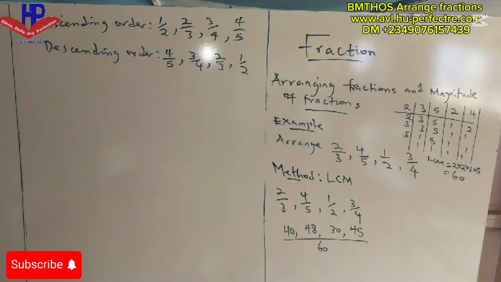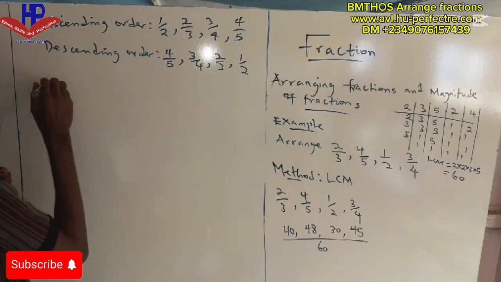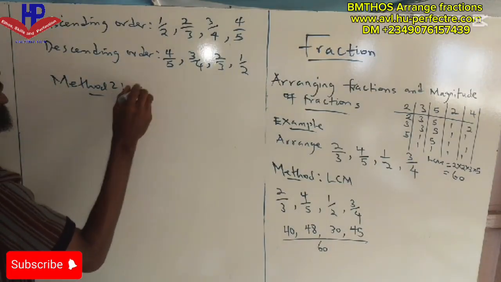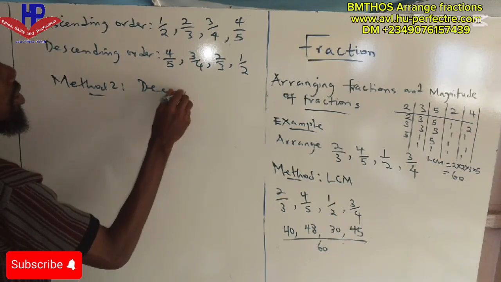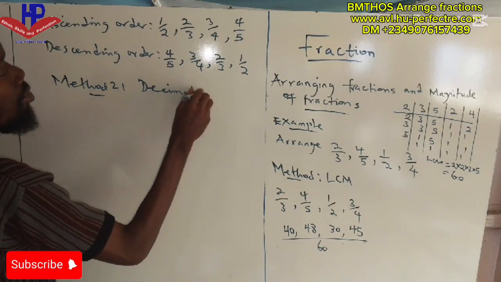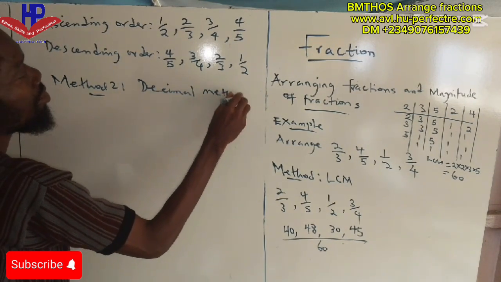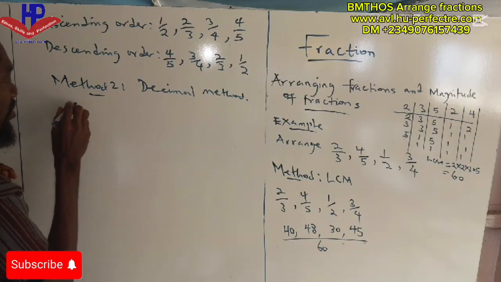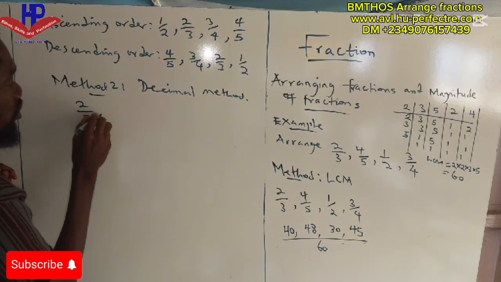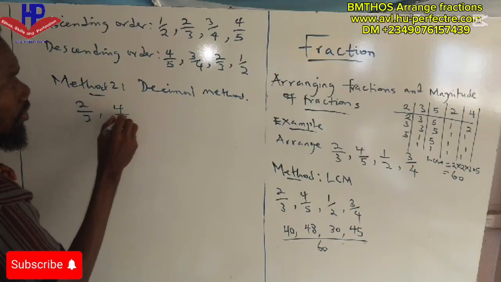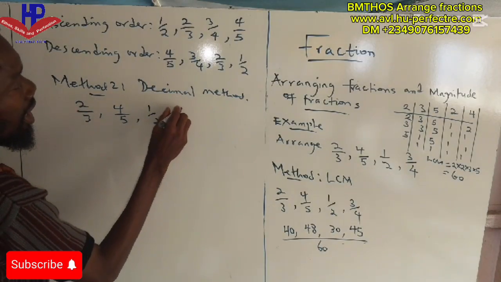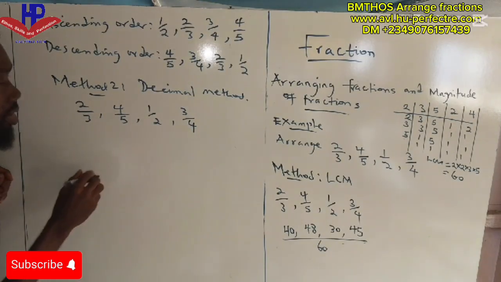Now let me use the second method, method 2. Method 2 is the decimal method. In method 2, you simply need to divide the fractions. They give us 2 over 3, 4 over 5, 1 over 2, and 3 over 4.